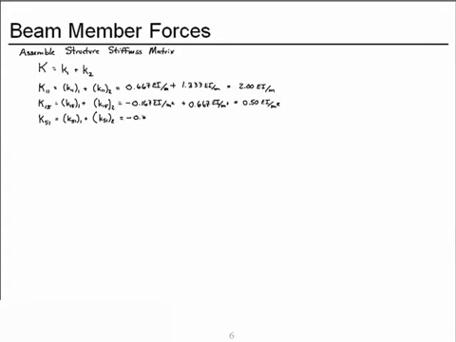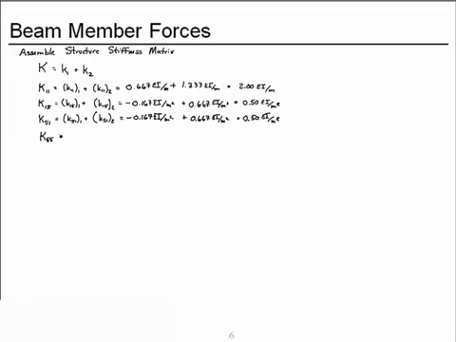So we have a minus 0.167 EI over meter squared plus 0.667 EI over meter squared, which gives us 0.5 EI over meter squared.